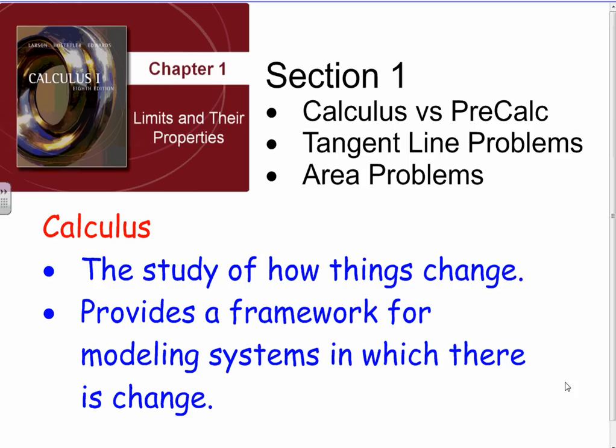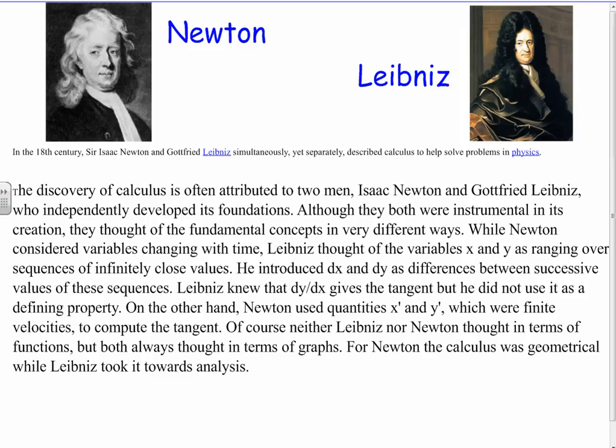Calculus is the study of how things change, if we really want to simplify it down. So calculus provides a framework for modeling systems in which there is change. Two of the founding fathers of calculus were Sir Isaac Newton and Gottfried Leibniz. Both developed calculus rather independently of each other, though simultaneously, but yet separately.